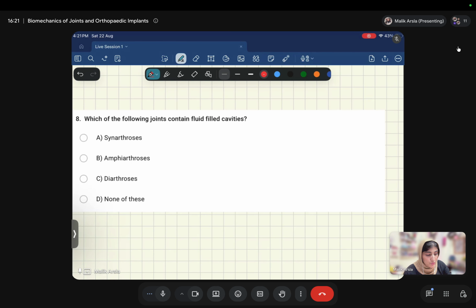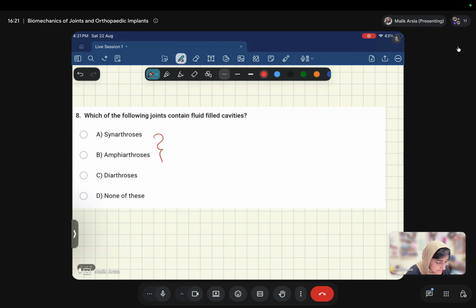See, you can check that this type of classification is basically on the basis of function, right? As I mentioned just now, it is a functional classification where synarthrosis means that they are essentially immovable. Amphiarthrosis means that they are slightly movable, and diarthrosis means that the joint is freely movable.